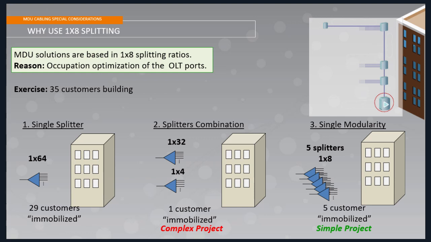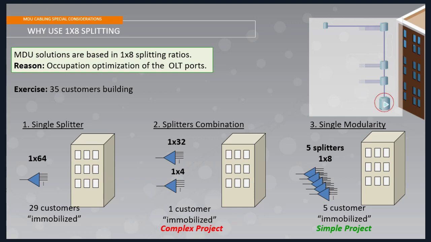But your design is much simpler. You use the same splitter design, so your technicians will be trained to use the same product only. Your designer is going to design according to that topology. So all that you are saving by designing is covering these 5 customers that you mobilized on the central office.